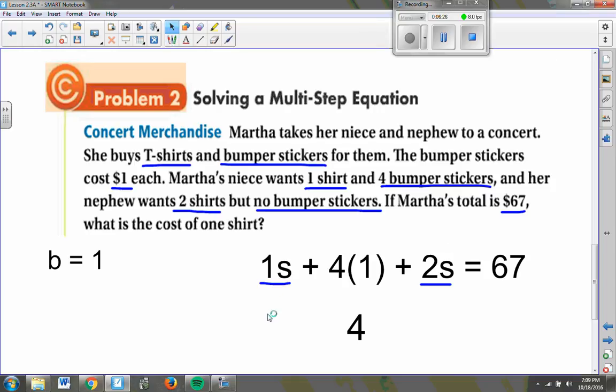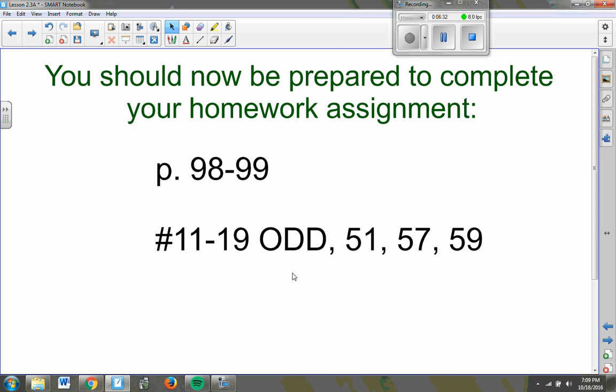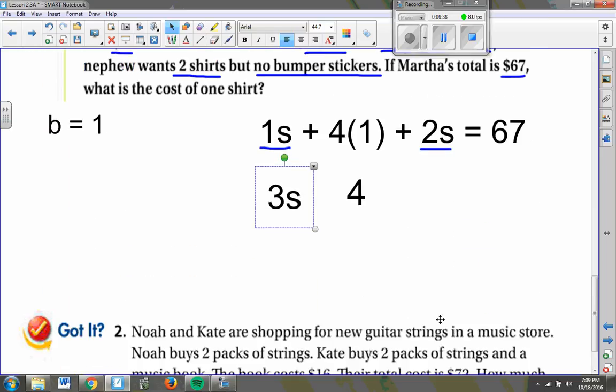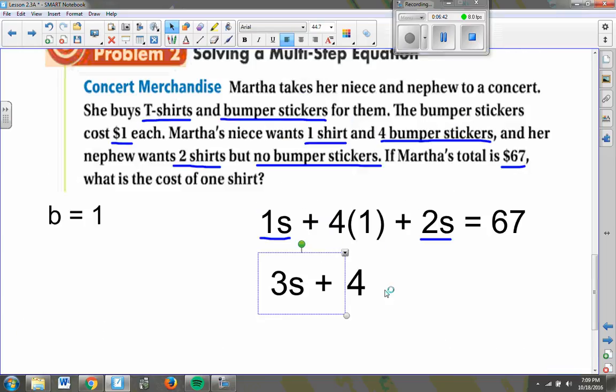So I believe when I combine those, I get 3s. Okay, so I have 3s, and I am adding 4, right? 3s plus 4, and on the other side it still equals 67.